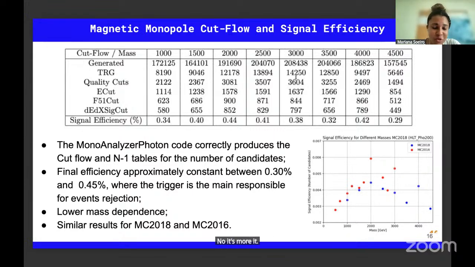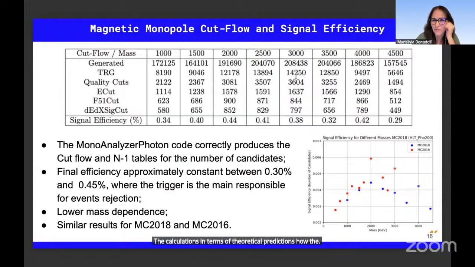Sorry, maybe it would be interesting to add a little bit more. I know this is a qualification text, but I was wondering about the level of the calculations in terms of theoretical predictions, how the cross section for this process stands.